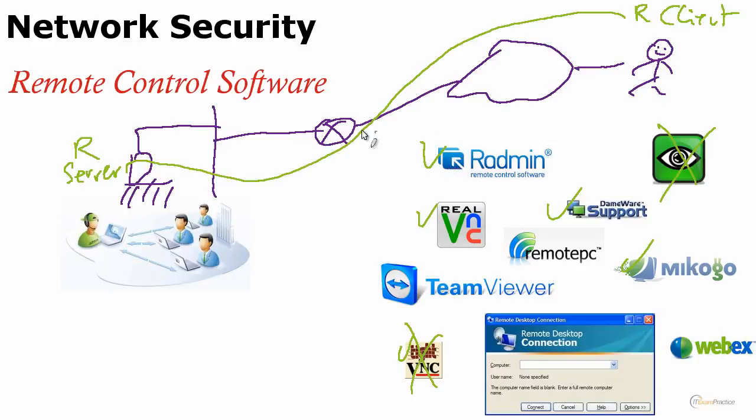Still, it's not recommended. You should VPN first and then use an application like that to make it even more secure, because these guys use some well-known ports. Of course, you can change the port, but it means you have to open a port, which is not a good thing, and you should avoid doing it.